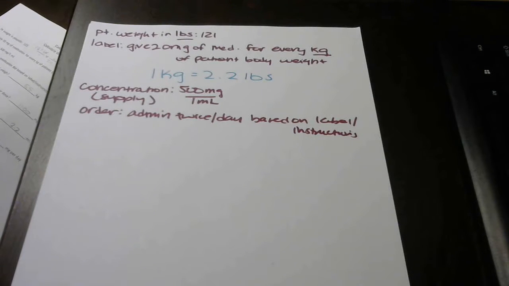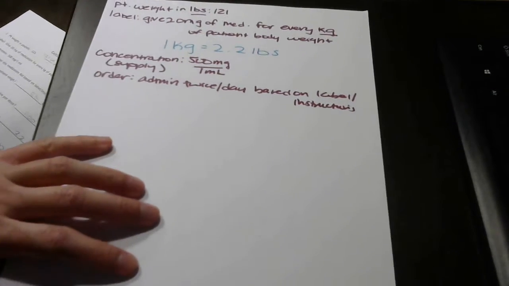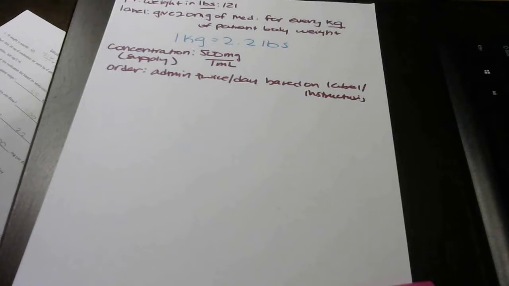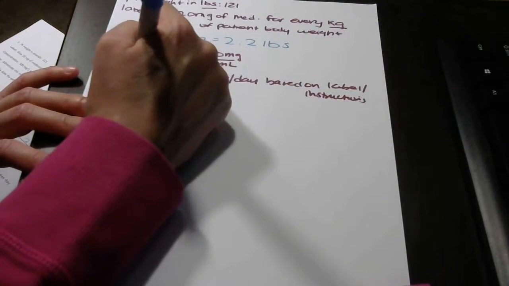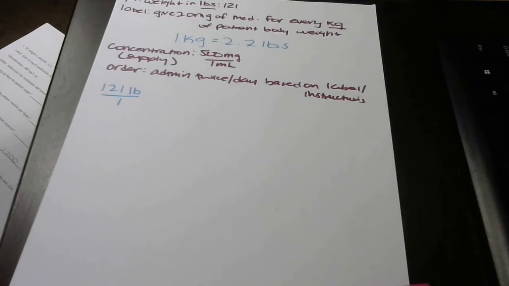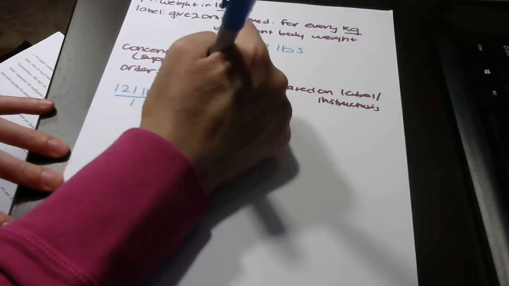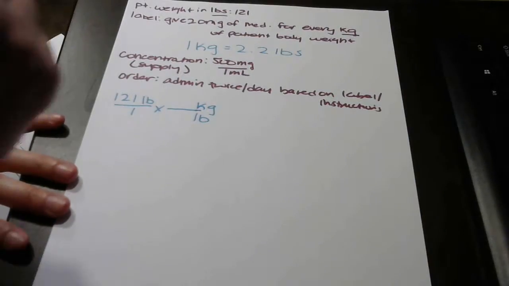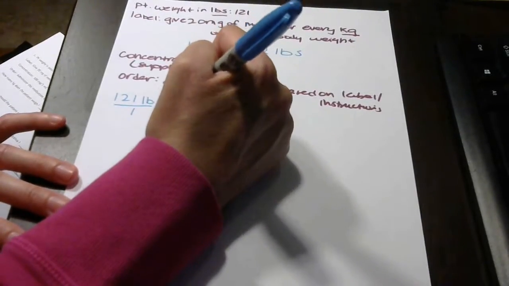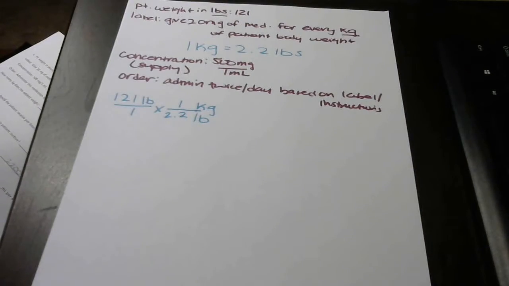So the first question on our worksheet was, how many kilograms does the patient weigh? So we're going to need to do our conversion. In this case, we know that our patient's weight was 121 pounds. So we take that over 1, and we want to find our answer in kilograms, so kilograms is going to go on the top, pounds on the bottom. We know 1 kilogram per 2.2 pounds is the conversion.